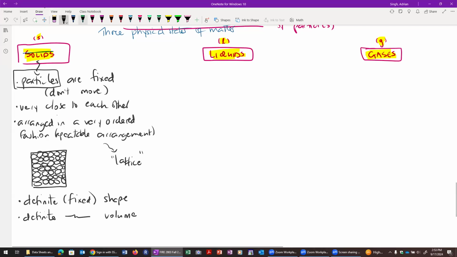In terms of a liquid, we're going to see slight to moderate differences here. So in a liquid, what we're going to see is that the particles, again, they can be atoms, they can be molecules, whatever. The particles are close together, but they can slide past each other.